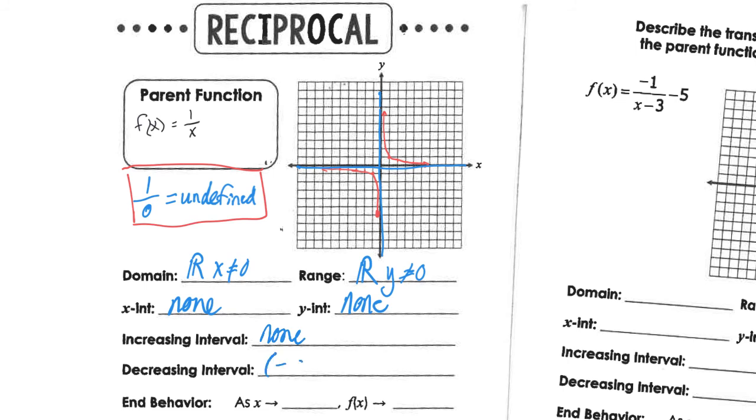The first one starts at negative infinity, and it goes all the way till we get up to 0. Even though 0 isn't part of the graph, it gets really, really close to 0. And then on the other side, it starts at 0 and goes all the way to infinity. That is where it's decreasing.